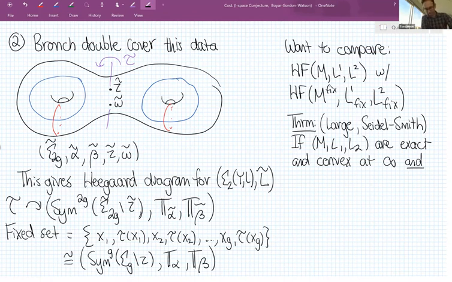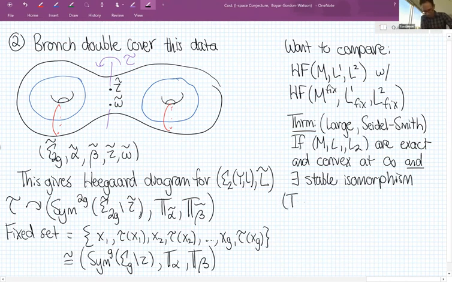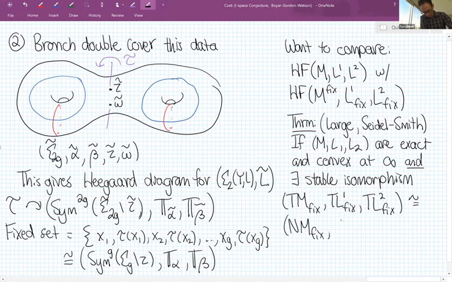But I'm going to add a slightly weirder one, which is that there exists a stable isomorphism of bundles between the tangent bundle to the fixed point set, and same thing with the Lagrangians, and the normal bundle. Then we get a nice rank inequality.